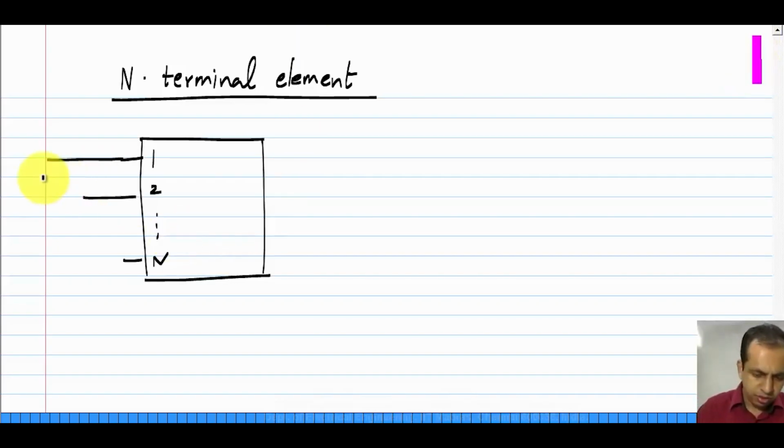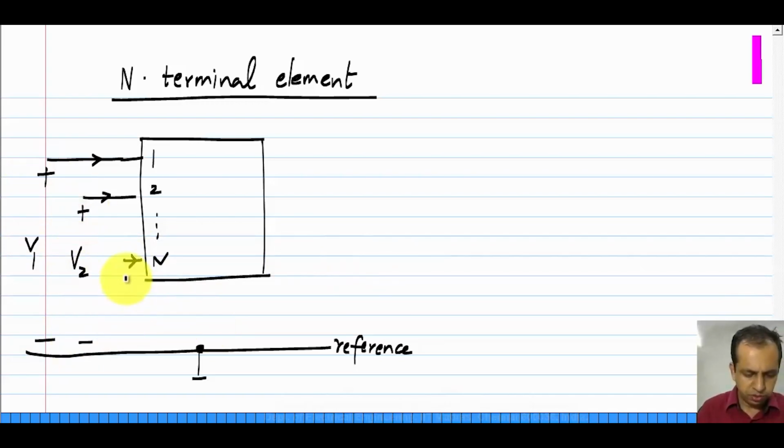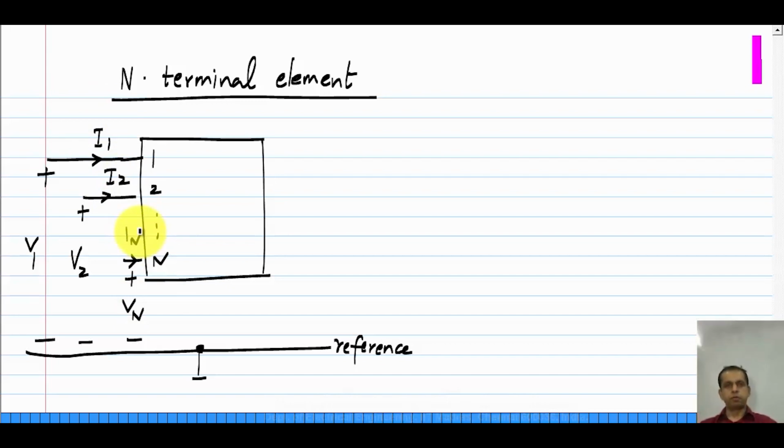So, let us say this is the reference node, then the voltage of terminal 1 with respect to the reference node is V1, the voltage of terminal 2 with respect to the reference node is V2, the voltage of terminal n with respect to the reference node is Vn. And the n terminals have currents I1, I2 all the way to In.